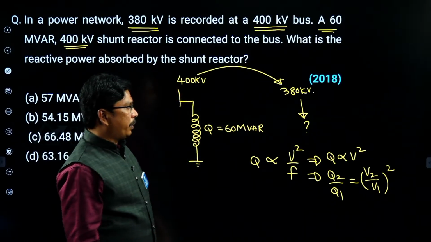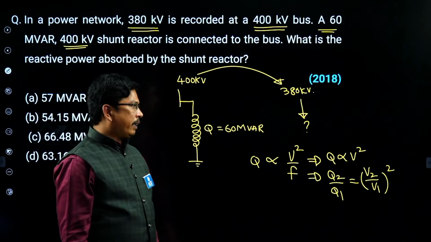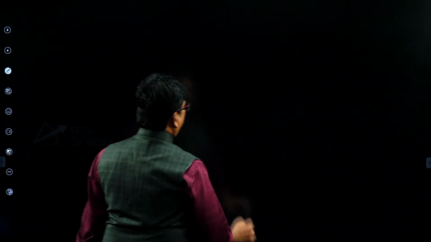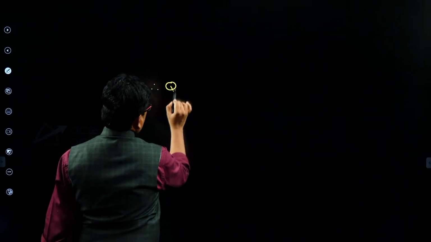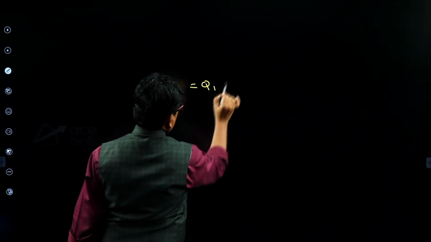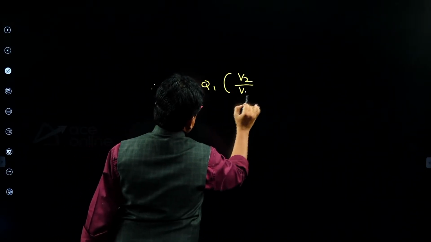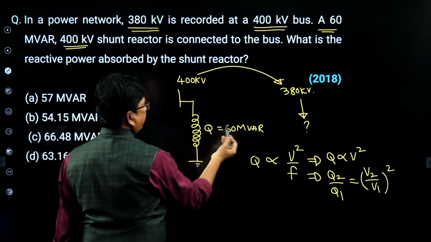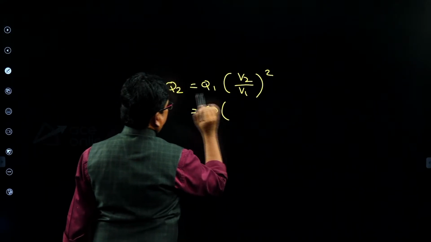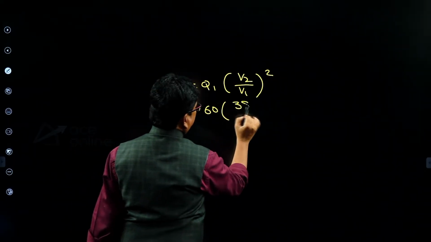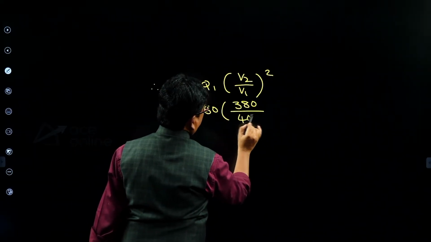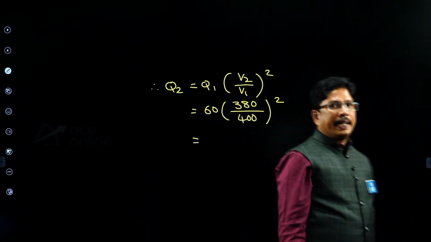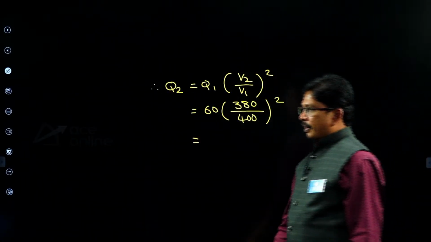Then the value of Q2 is equal to Q1 into V2 divided by V1 whole square, where Q1 is 60 MVAR, V2 is 380 and V1 is 400. 60 into 380 divided by 400 whole square. So what is the answer?